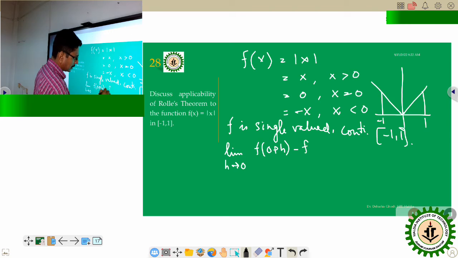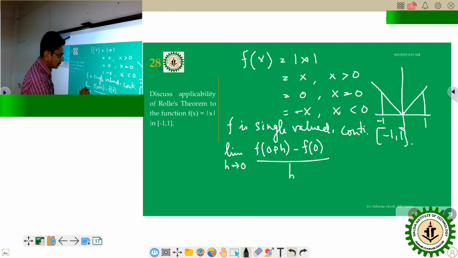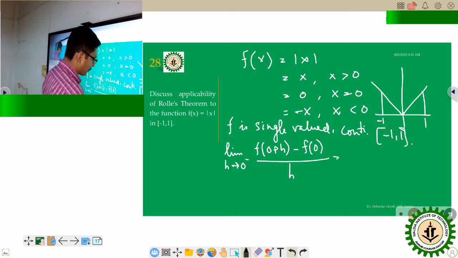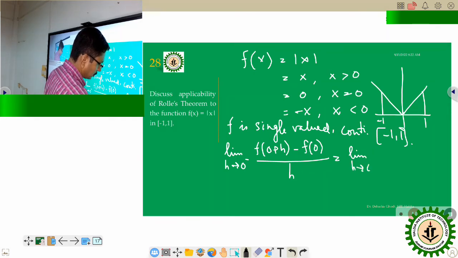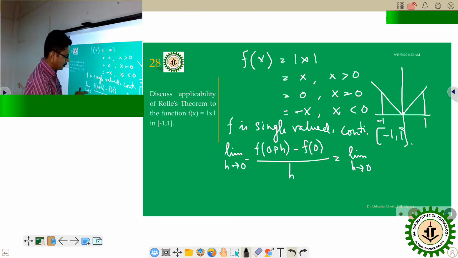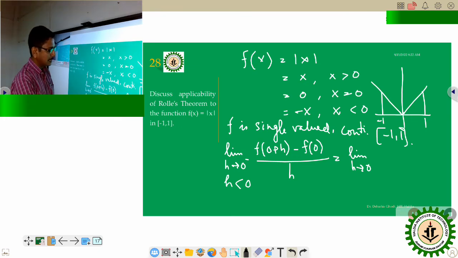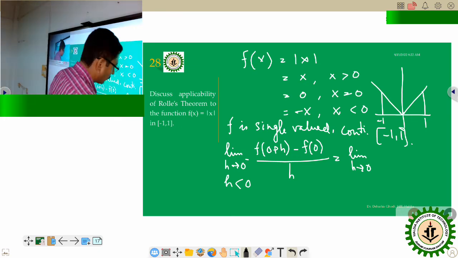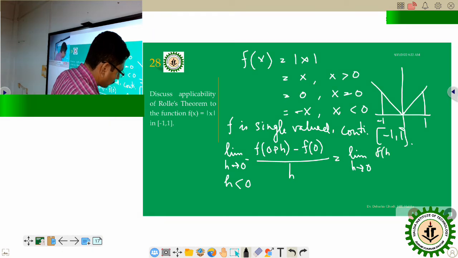So if you consider the left hand derivative, that is h tends to 0 minus, that time you have limit as h tends to 0, this is f of h, since h tends to 0 minus means you know that h is less than 0, and because h is less than 0, f of h minus f of 0 divided by h.